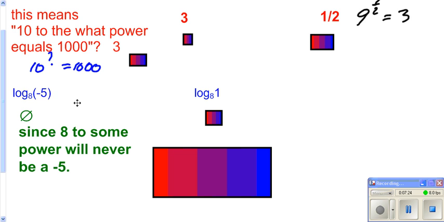Another way to look at it is whatever is after your log is never negative. So then it's the empty set. Here, on the other hand, it means 8 to what power is 1? And that is 0.